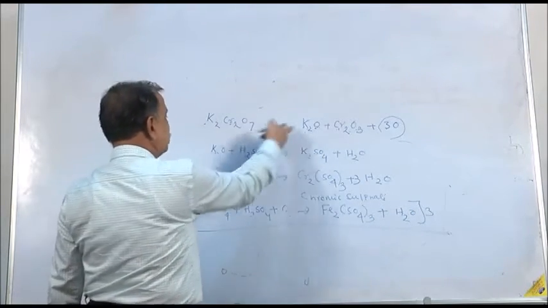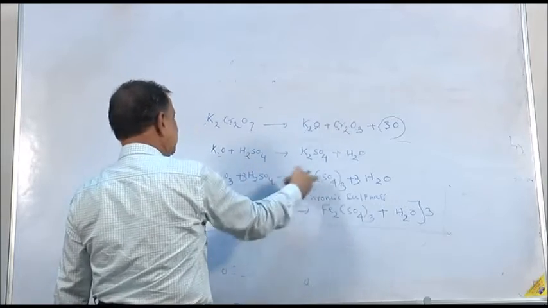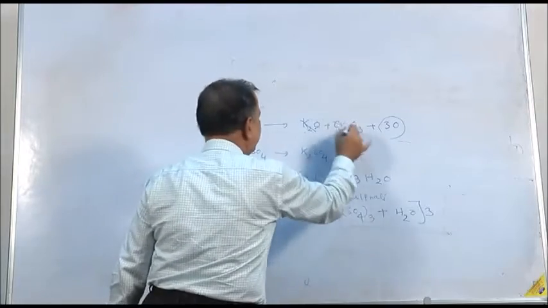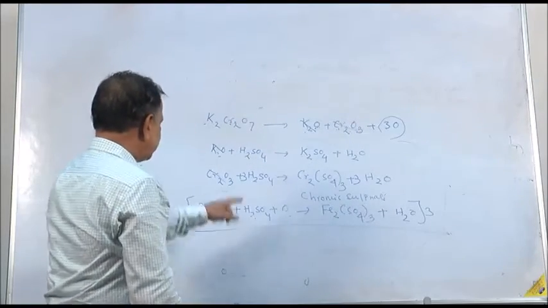This time K2O and Cr2O3 are there, each part is balanced, cancel it. Then add all this to balance it.